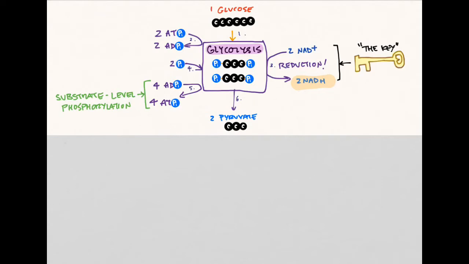Now, unlike the fermentation pathways, whose sole focus was to regenerate NAD plus from NADH, we now like NADH and we want to keep it the way it is. So we want to generate as much NADH as we possibly can. Keeping it as NADH at the end of glycolysis is a good thing. But these two pyruvates still have a lot of energy tied up in them, and what we do with them becomes important.